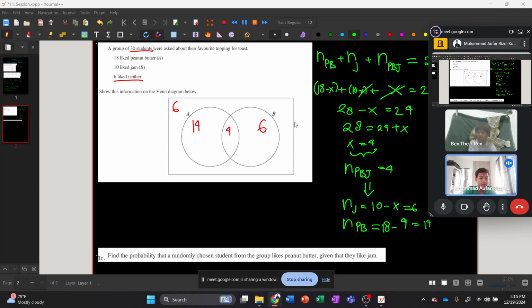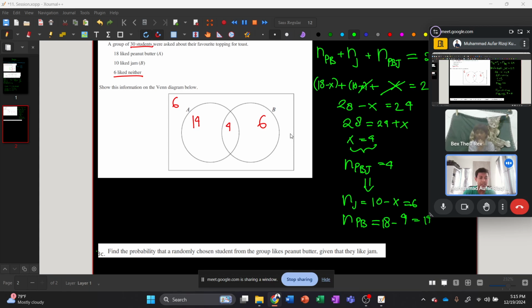Nah, from the question, the 100% is the people who like jam, because given that they like jam, that means from a group of people who like jam, you want to know how many from that group like peanut butter. That means 100% is who, Bex? 10. Good, because given that they like jam.